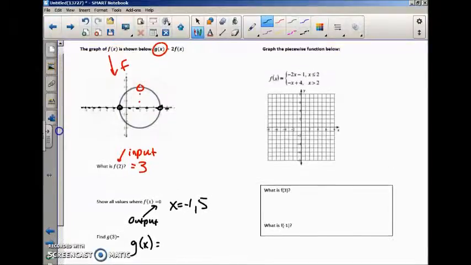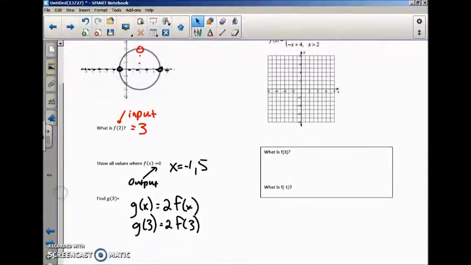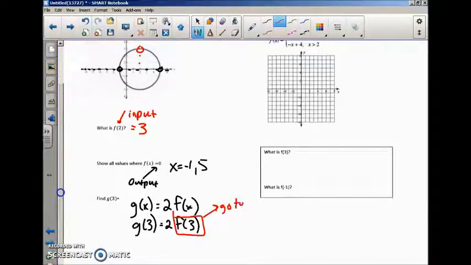Now back to this g of x idea. g of x is equal to 2 times f of x. So the input here is 3, plug in 3 for x, so now we have f of 3 inside our function. We need to pull out f of 3 and address that by itself. So we're going to go to f. f is the graph in this case. So we're going to go to the graph and find out, what is the output when the input is 3?